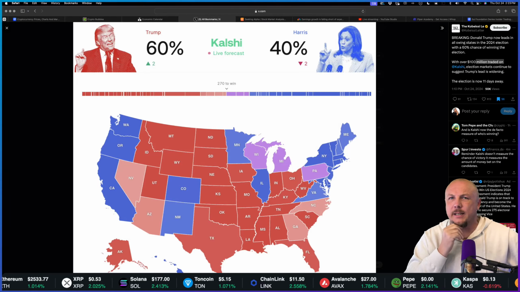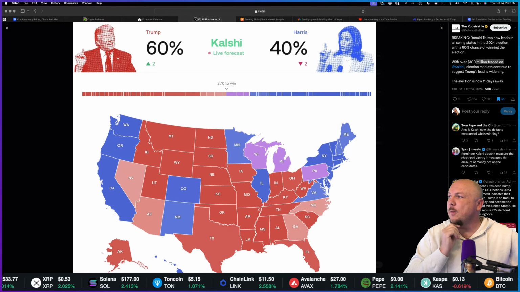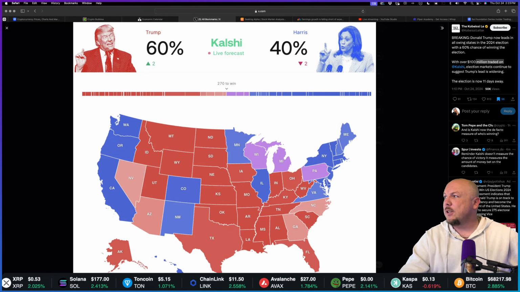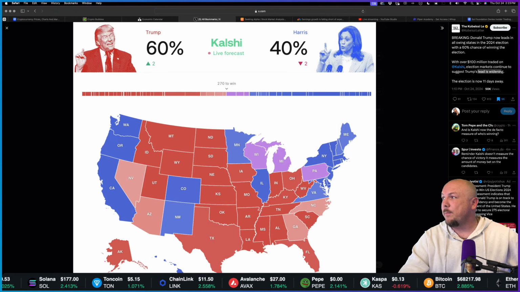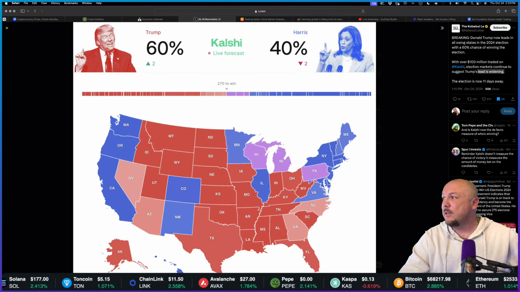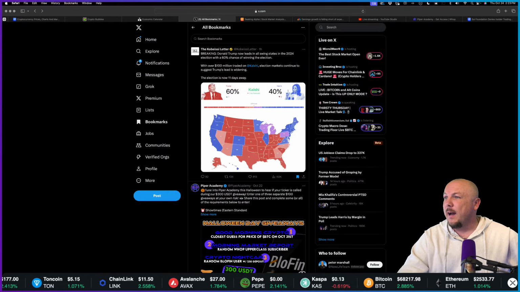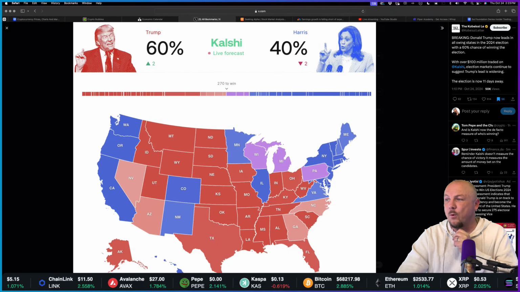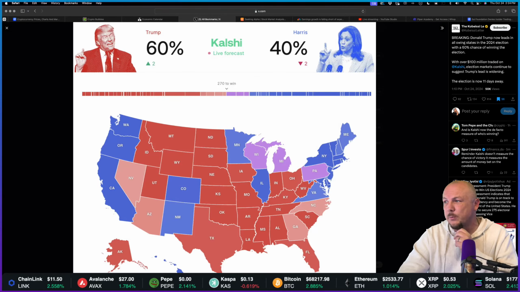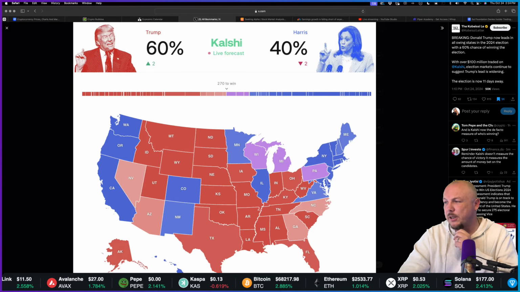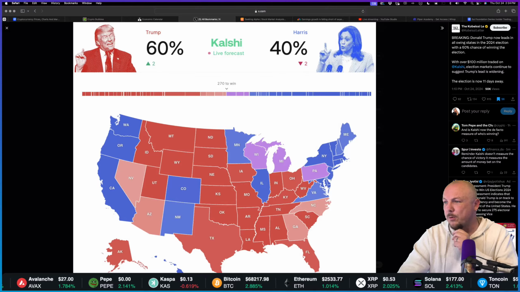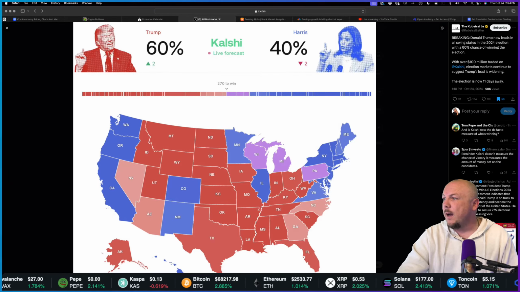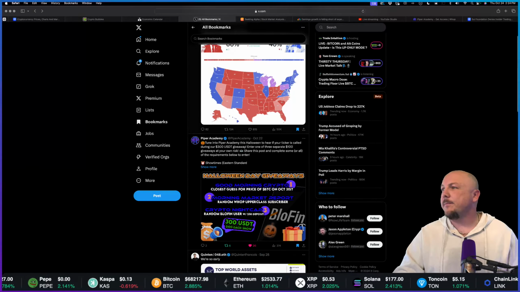It's a betting site. It's gambling. Over $100 million traded on there. Election markets continue to suggest that Trump's lead is widening. The election is only 11 days away. So 60% there, according to Kalshi live forecast. He's taken swing states, folks. Pennsylvania, Michigan, Wisconsin are pretty much what's left. So looking pretty interesting there.